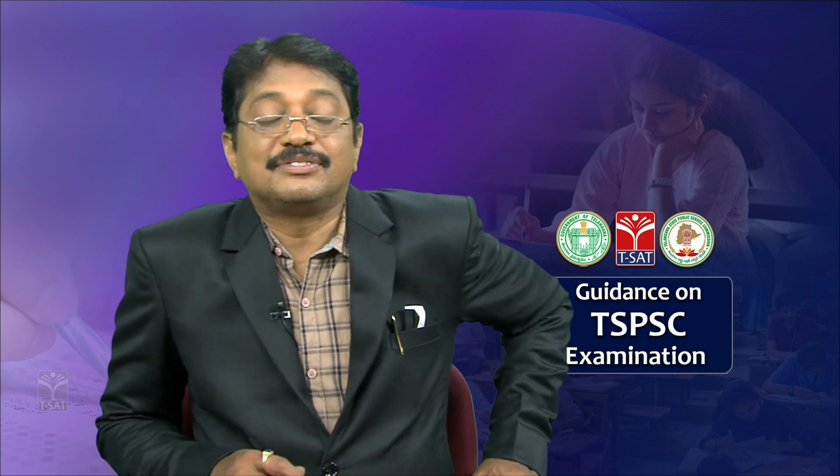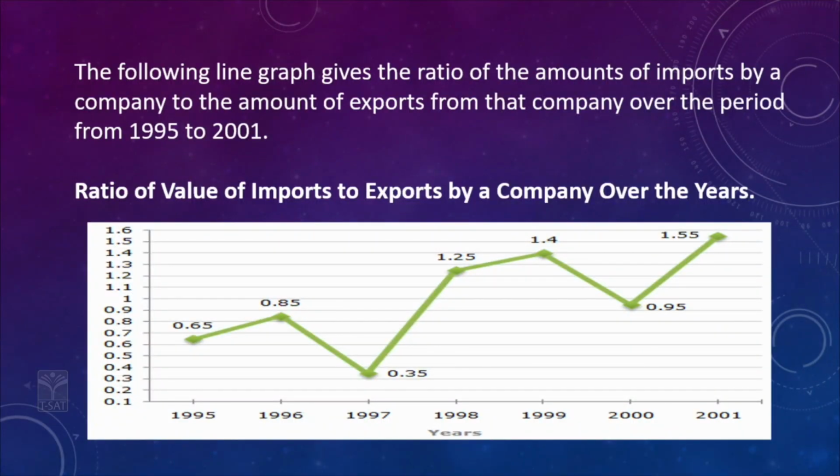The following graph, this is called a line graph, gives the ratio of the amounts of imports by a company to the amount of exports from that company over the period from 1995 to 2001. So it is a frequency polygon, clear? You have to understand. The values are 0.65, 0.85, 0.35, 1.25, 1.4 and 1.55, and here 0.95. So the ratio of the value of imports and exports of a company is given here.